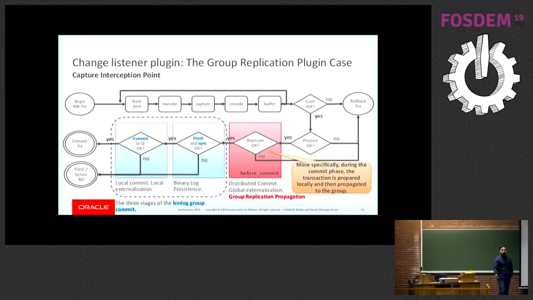So slaves will already see it, and other components in the system that are listening to this replication stream will already see it. When we propagate to group replication, it means that we externalize already there to the members of the group. So that's when the actual commit takes place, so it's externalized to the group here as well.